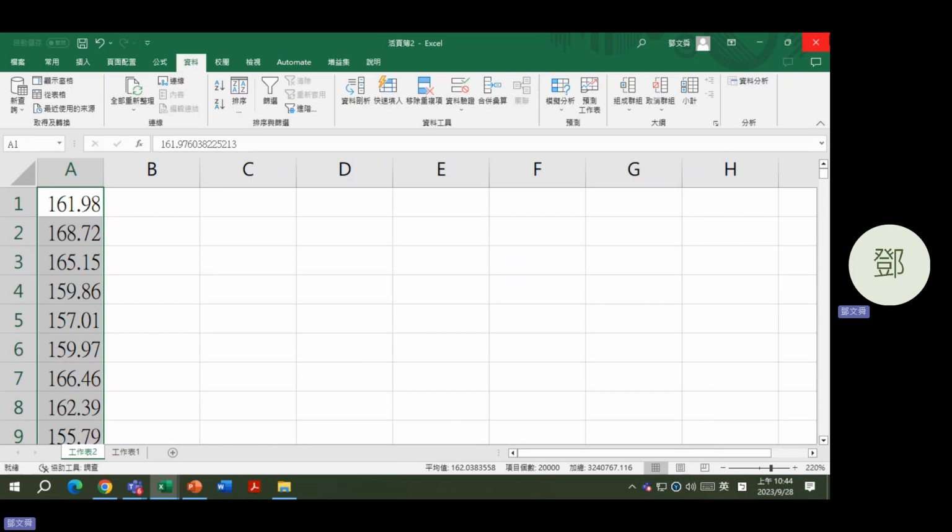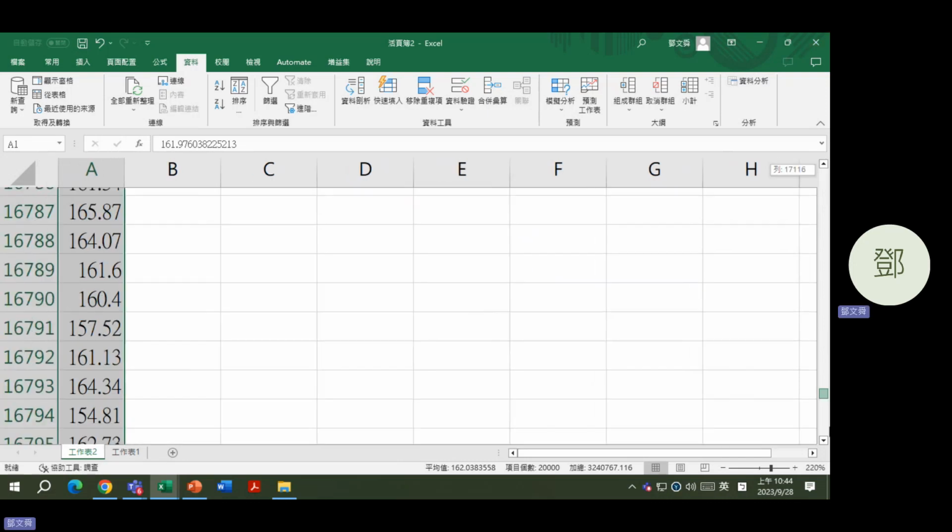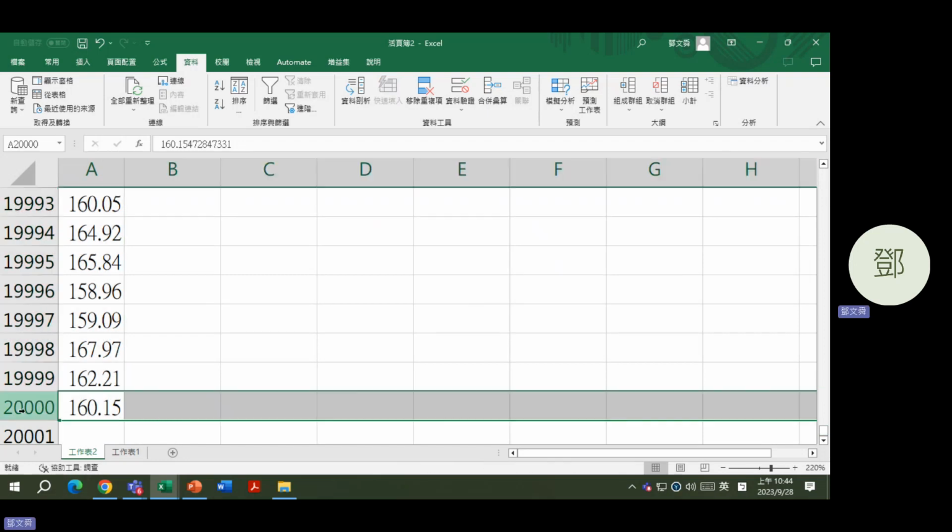What is the second girl student's height? 168. All the way we have 20,000 students' heights. Here, 20,000. Okay?